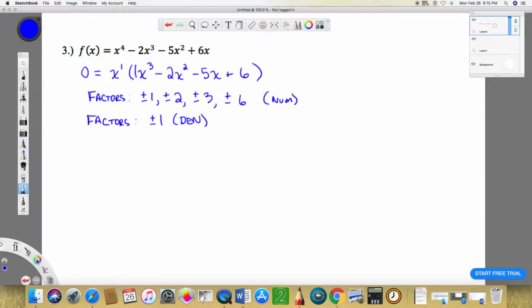So this list is pretty easy. And remember, it's just a list of possible, no guarantee that any of these are actually zeros. And they're only rational numbers, not irrational numbers.